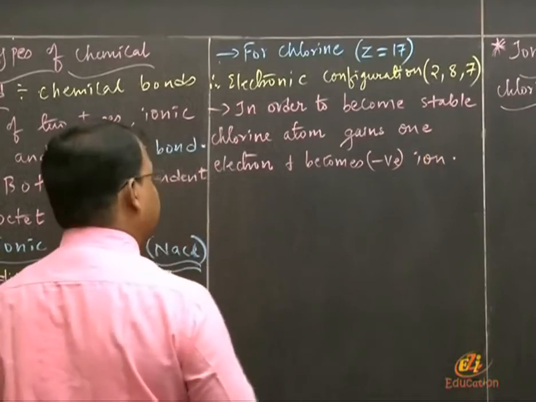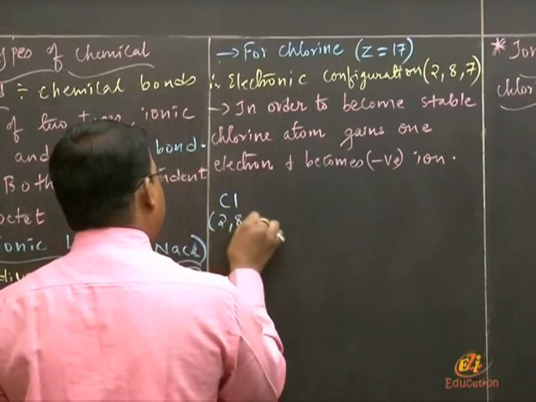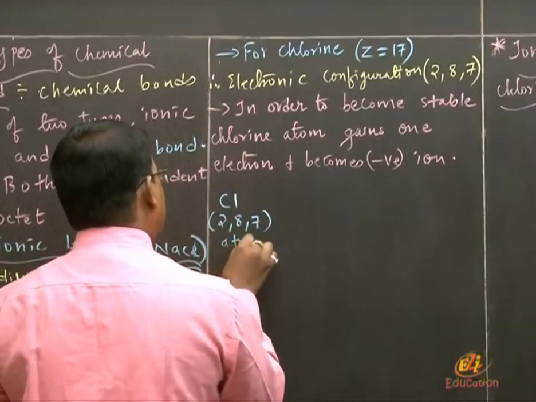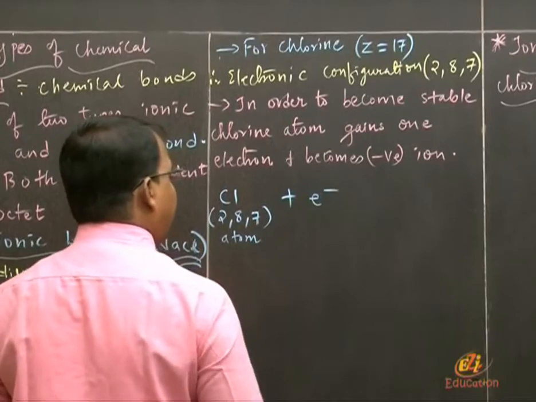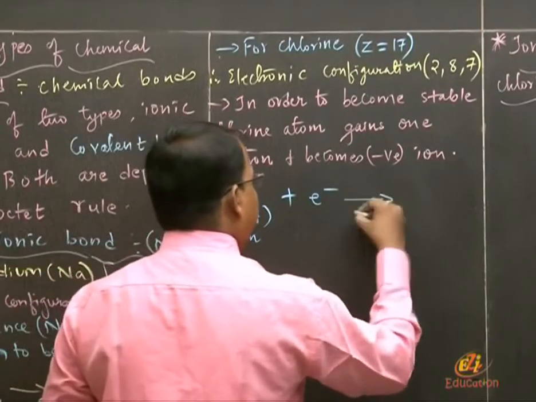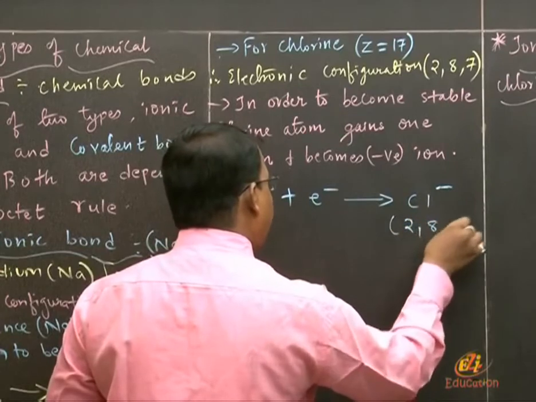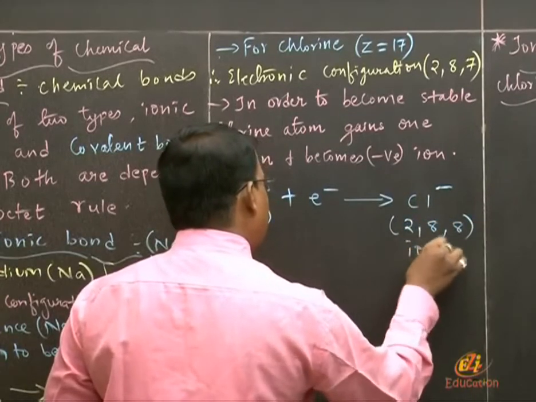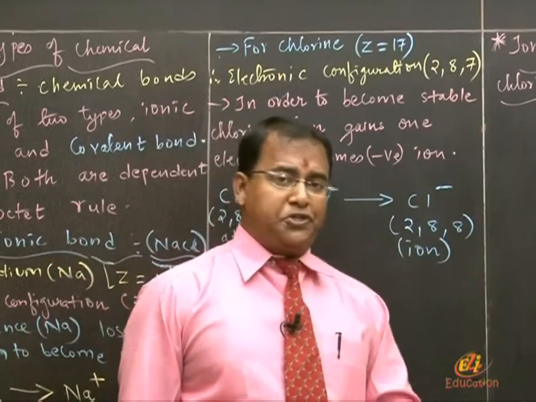Like this, Cl 2,8,7, its atom, it gains 1 electron, e negative will be added and it will become Cl negative 2,8,8 ion.